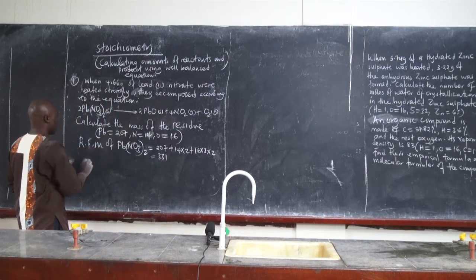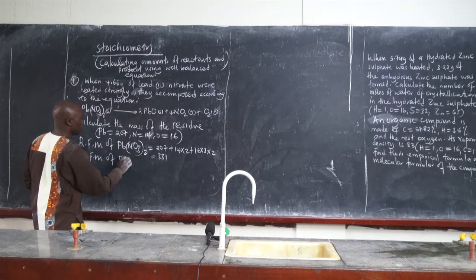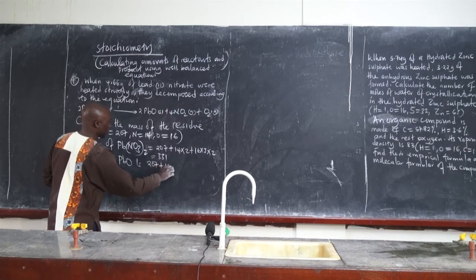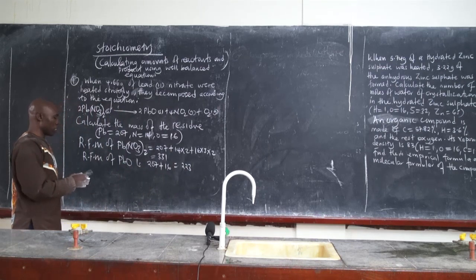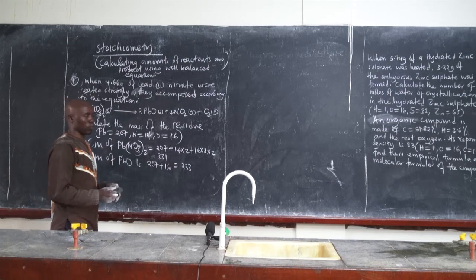Now let's also get the RFM of lead II oxide, that is 207 plus 16 gives us 223. Now we are going to relate 2 moles of lead II nitrate, which produce 2 moles of lead II oxide.